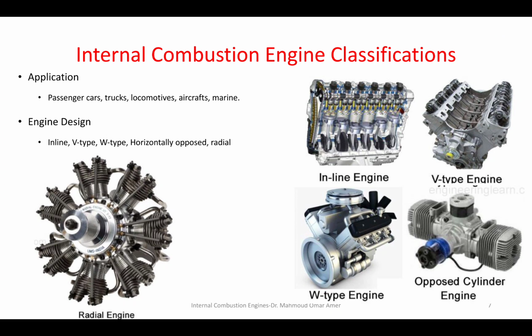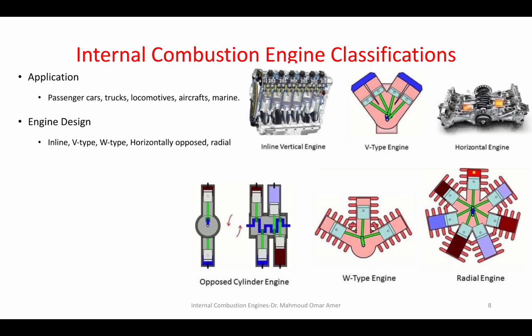So if we convert the engine into a horizontal engine, it will have a very low height, so it can be put under the vehicle, under the seats of the drivers. Okay? And the horizontal engine is usually used in race cars or high performance cars.